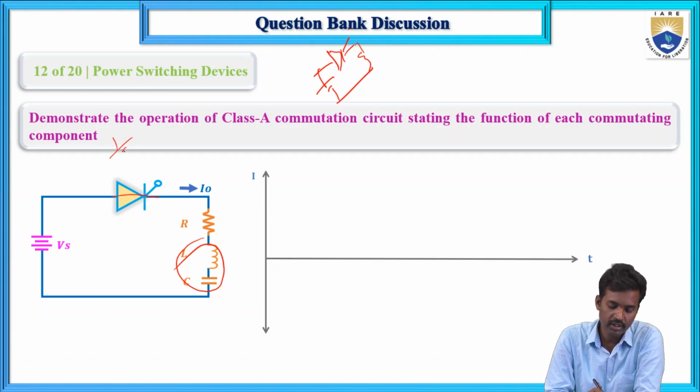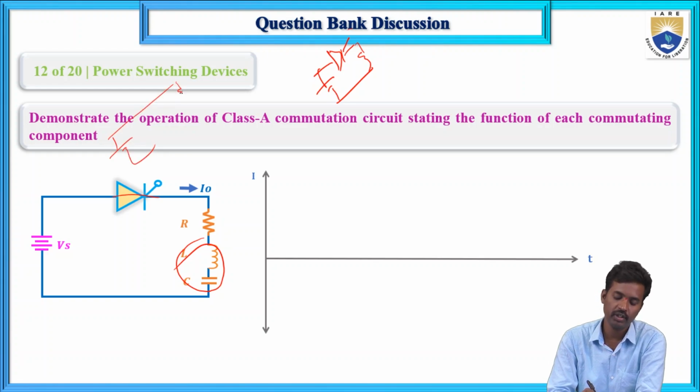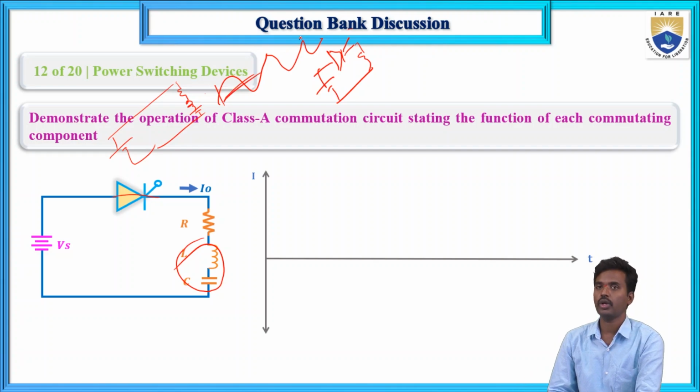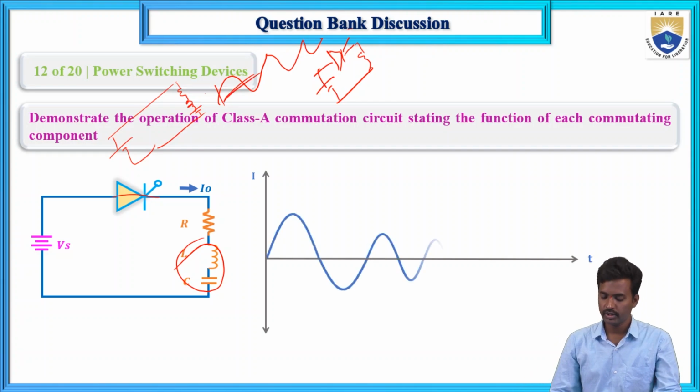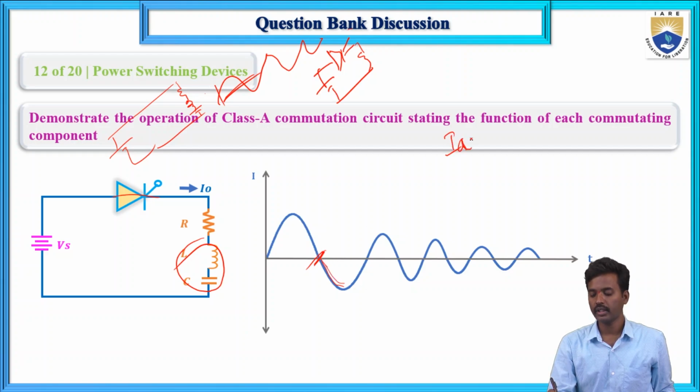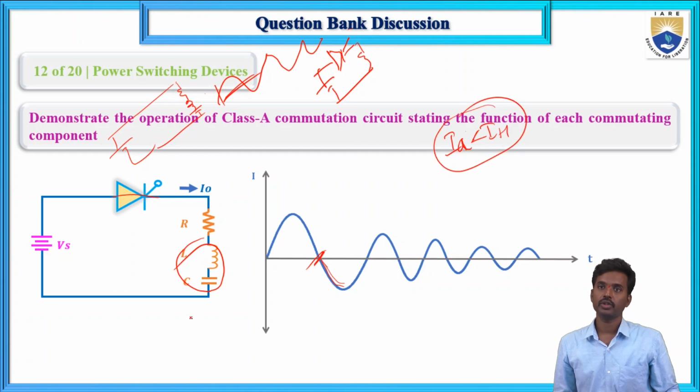When DC excitation is given to the RLC circuit, the response is a sine wave. The output current waveform looks like this. When it reaches 0, it goes negative. When the anode current is less than the holding current, the SCR will be turned off.